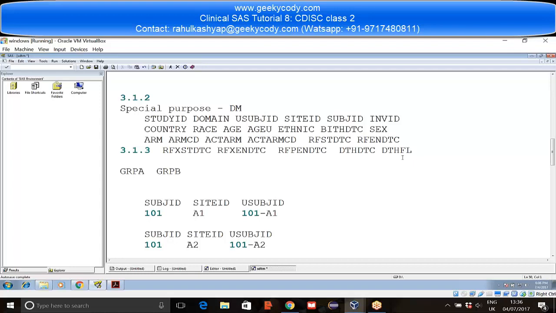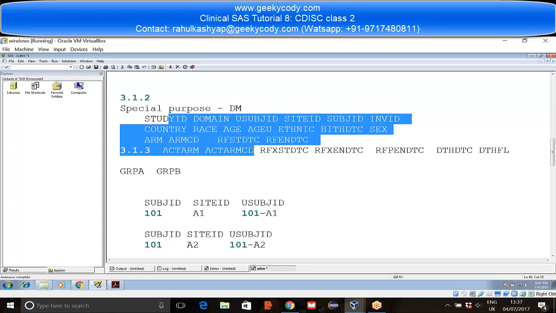And also, sometimes in interviews, if they ask what all the new variables added in 3.1.3 are, you can say all this. Initially it will be confusing, but once we start programming, we have to derive all these variables.